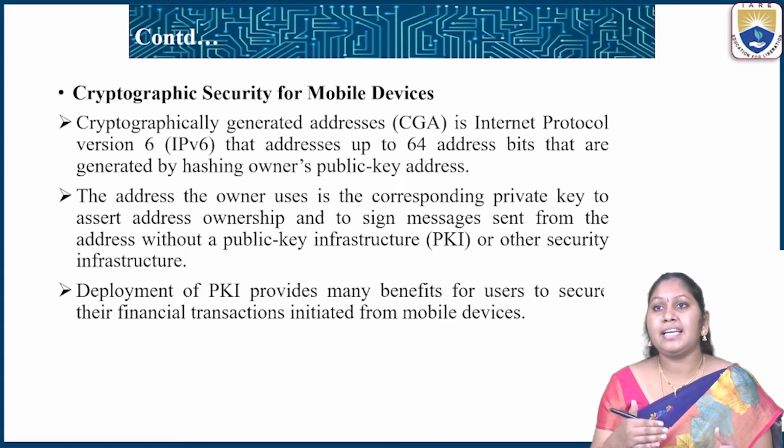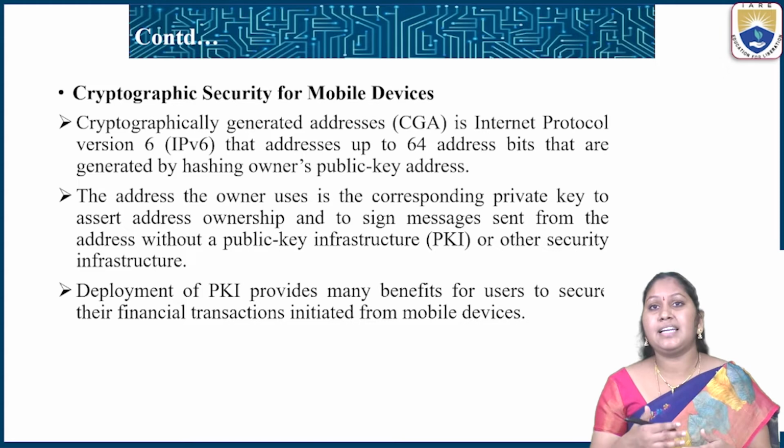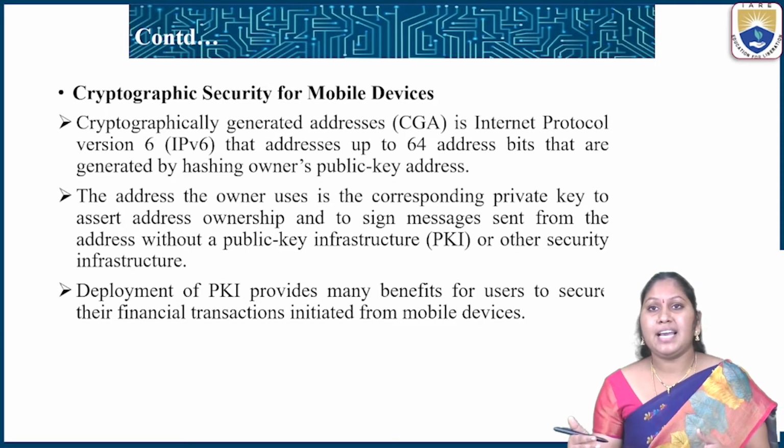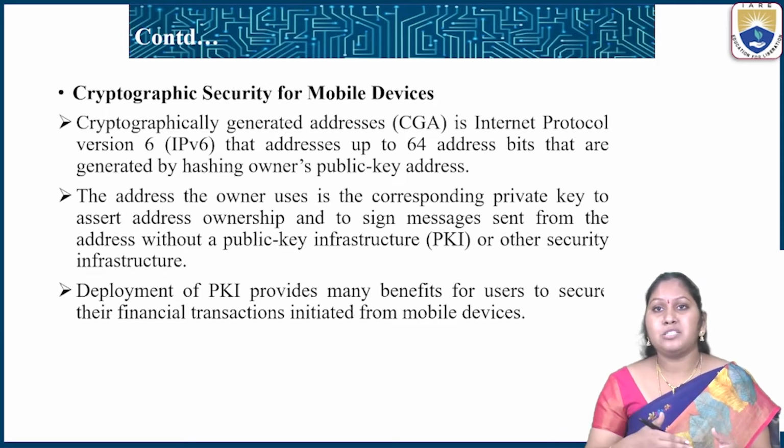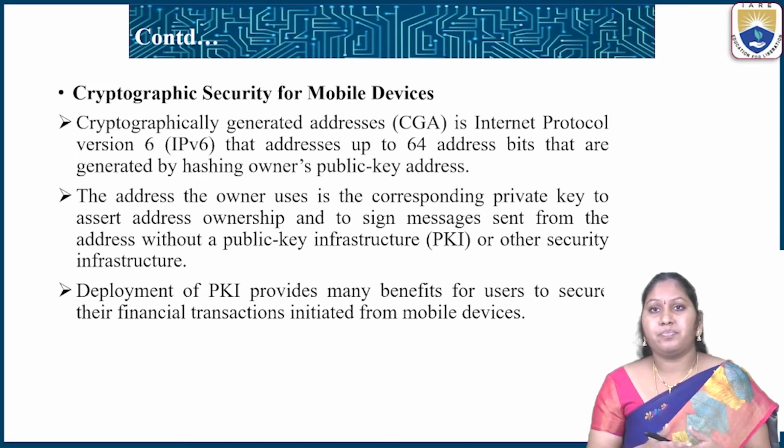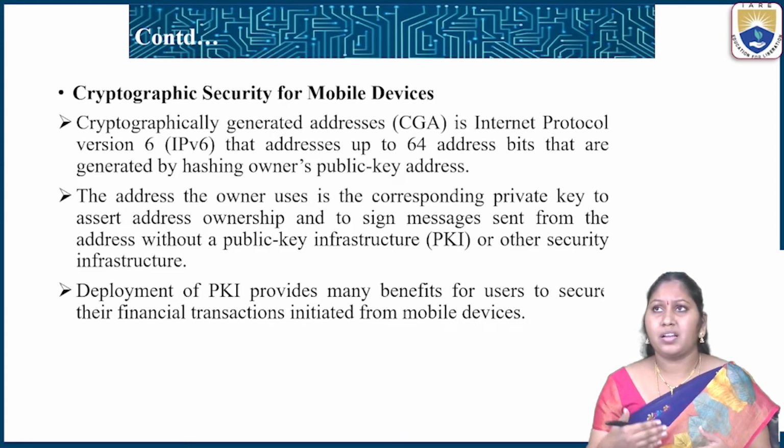So it's like Internet Protocol version 6. Here the address has 64 bits that are generated by hashing the owner's public key. By using the owner's public key, which is hashed, every time it will generate one new address for that data.